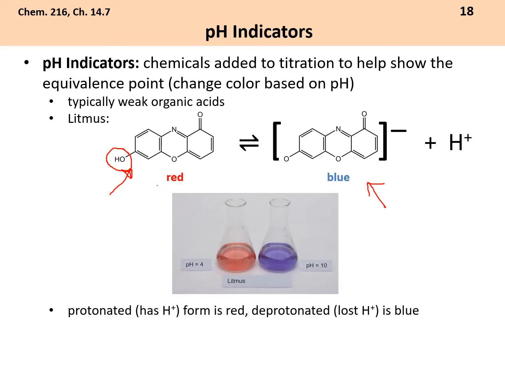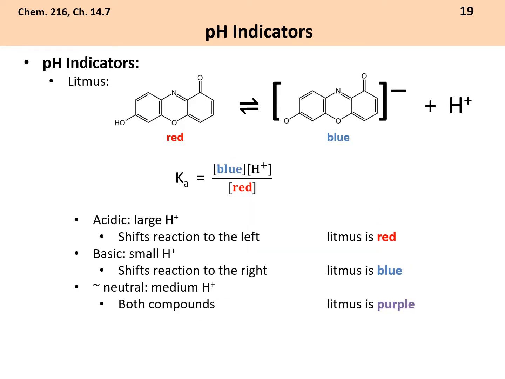This compound is red and this compound is blue. Because this is a weak acid base, what we have is equilibrium. So what we have is a Ka for this weak acid. Ka is going to be this blue compound times H plus over this red compound.